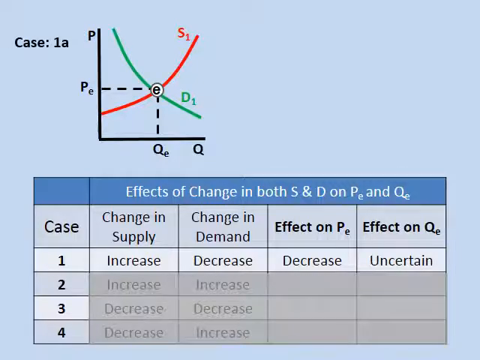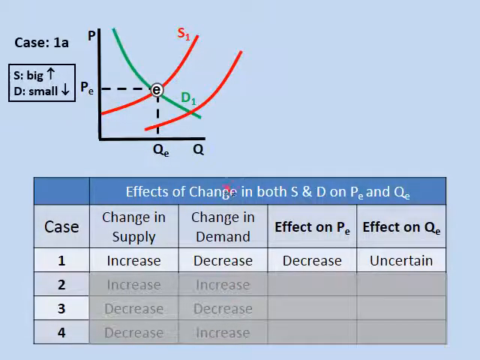So in case 1A, we're going to have a big increase in supply and a small decline in demand. Our supply curve, we're going to say, shifts way to the right, but our demand only backs up a little bit, a slight shift to the left. We end up with a new equilibrium point where the quantity is going to be bigger than our old equilibrium point because the increase in supply has overwhelmed the drop in demand.